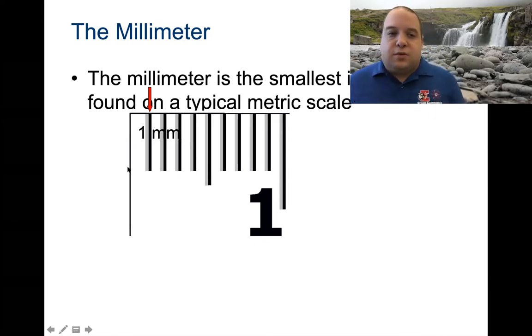So when we're looking at this ruler right now, halfway between 0 and 1, the longest line is 5 millimeters. And once you count these out, we're at 1, 2, 3, 4, 5, 6, 7, 8, 9, this being the ninth line. The 10th line will be a larger bold number, and that is known as a centimeter. Now, your typical standard ruler is going to have 30 of those on a 12-inch ruler.